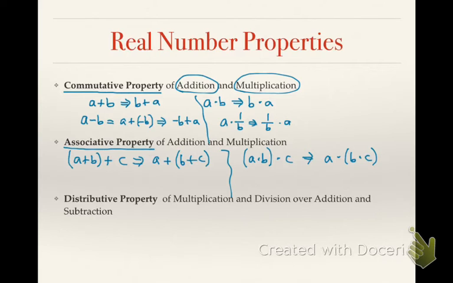Okay, distributive property. Distributive property is also sometimes thought of in terms of factoring, which is going backwards with the distributive property. The distributive property says that if you multiply a quantity over addition or subtraction, meaning you have two things being added or subtracted, you can distribute this A that you're multiplying with the B plus C to both the B and the C. So it becomes AB plus AC.